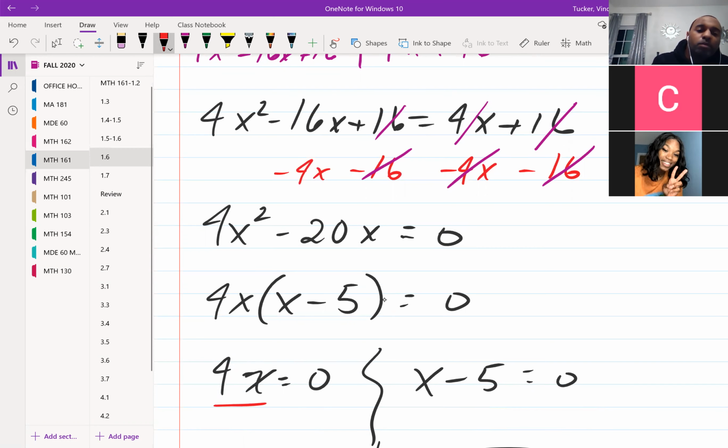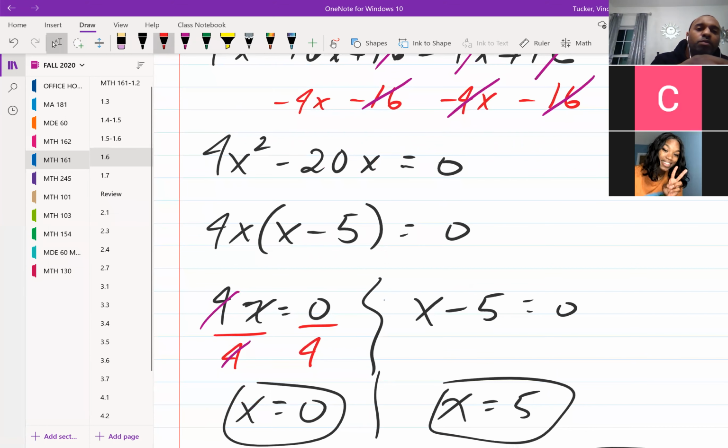Divide by 4, x equal to 0, and then add 5 to both sides. All right, those will be our two solutions.